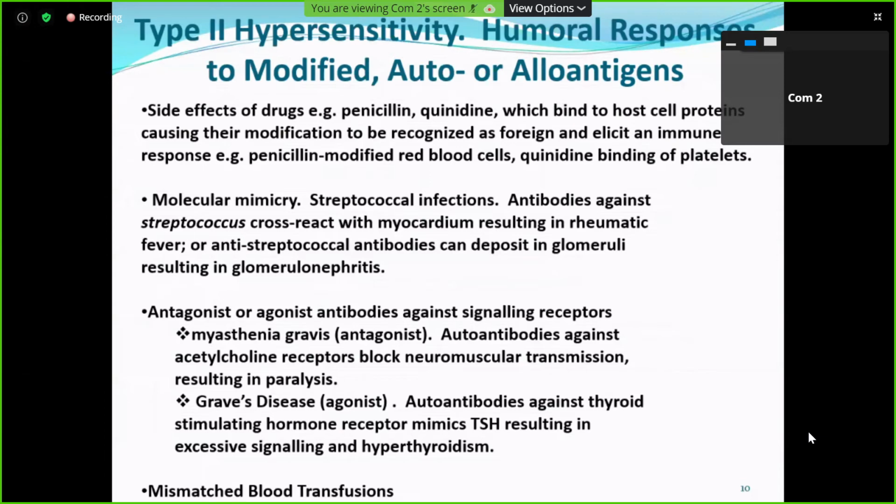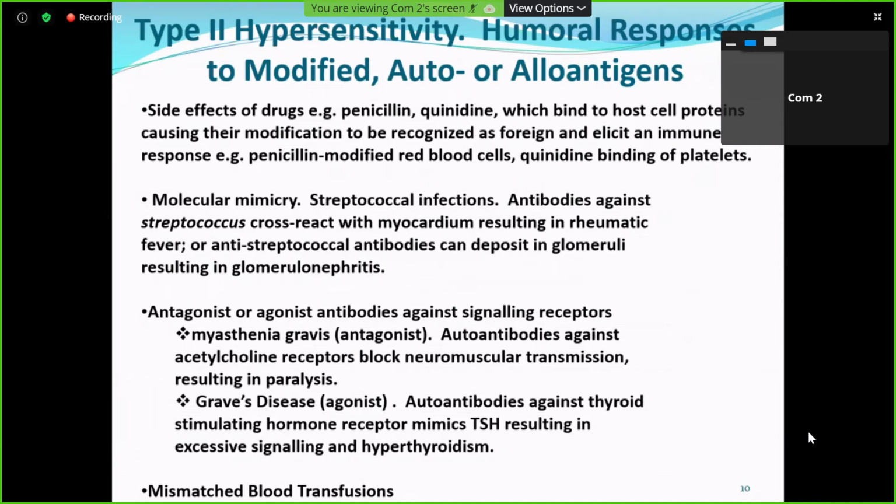What are the four different ways? I'll give you a clue. The one is opsonization, right? What is the next one? ADCC. What else? Louder? Begins with a C. Complement. Classical complement fixation.